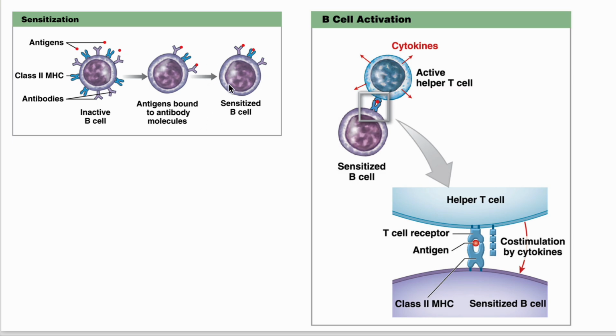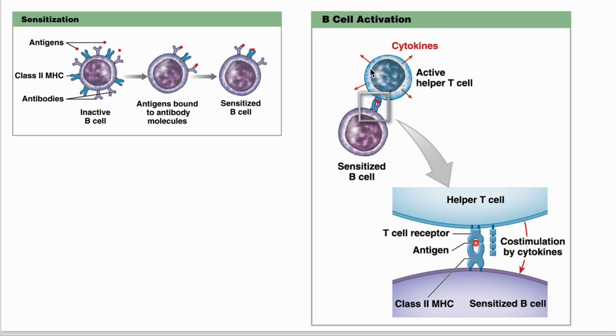The B cell takes the antigen that binds to its antibody into the cell and then displays it on its MHC2 protein. When that happens, that sensitized B cell can bind to an active helper T cell.